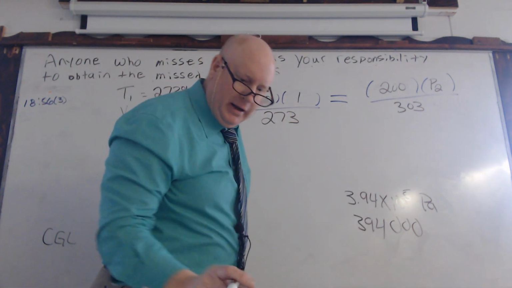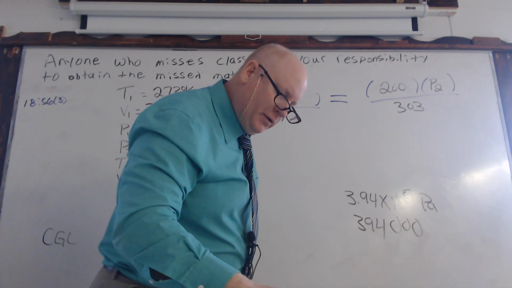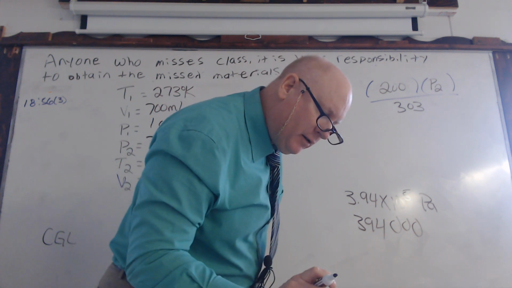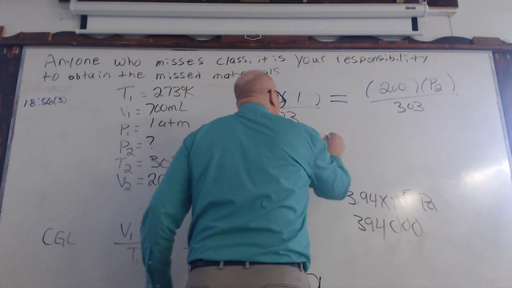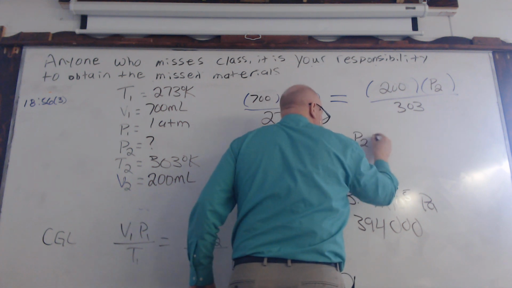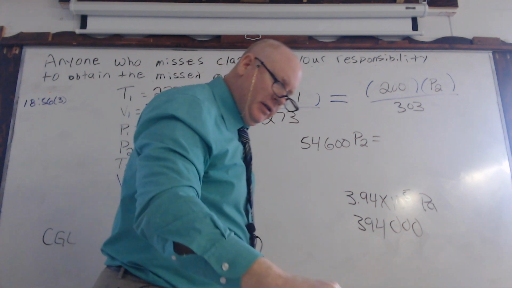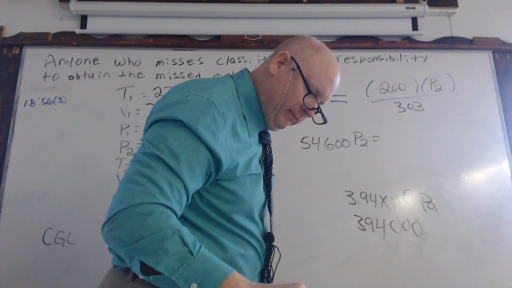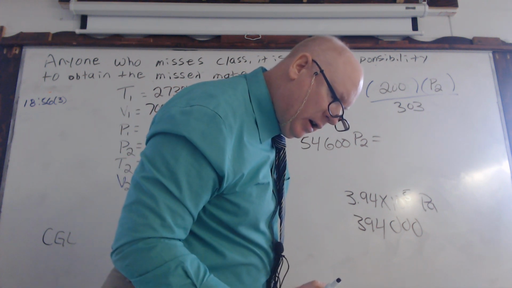And upon doing that, 273 times 200, you get 54,600, times your variable, or P2. Then 700 times 303. 21, 21, double zero. 212,100.